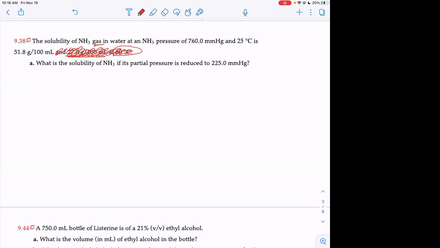What is the solubility of NH3 if its partial pressure is reduced to 225 millimeters mercury? So what kind of problem is this? How would we work this? Henry's law.